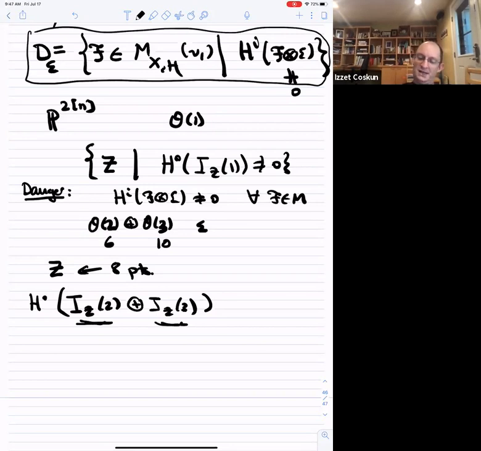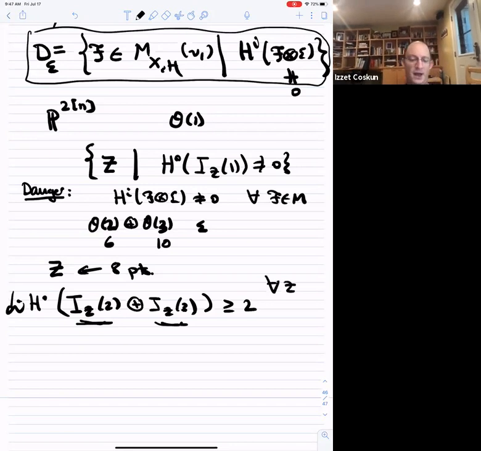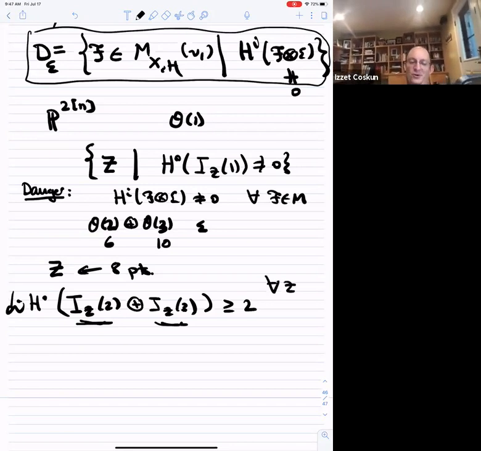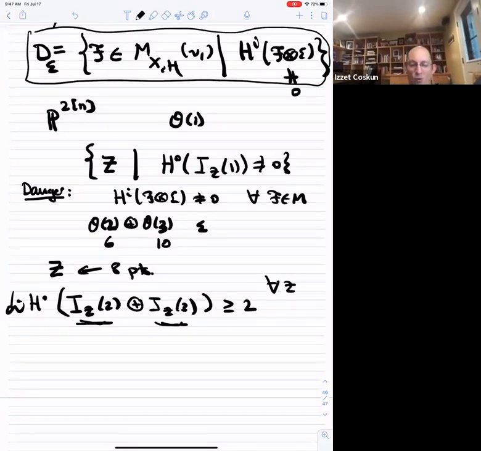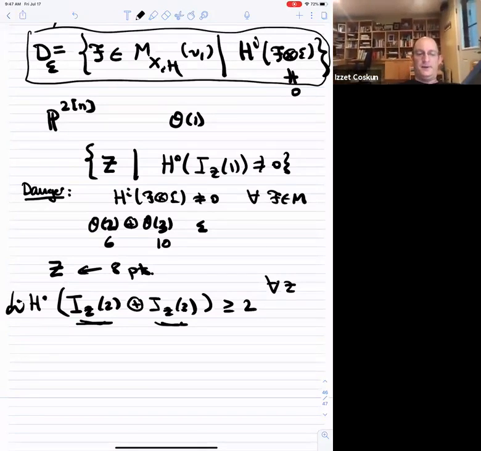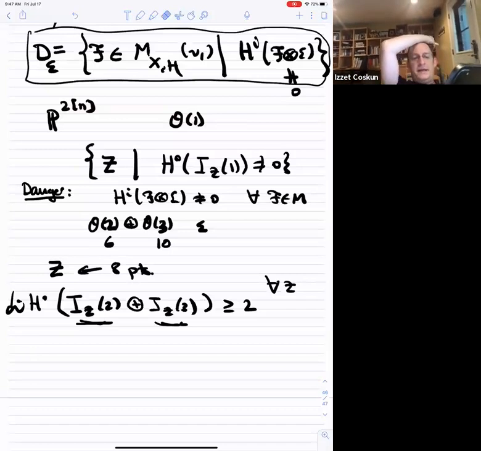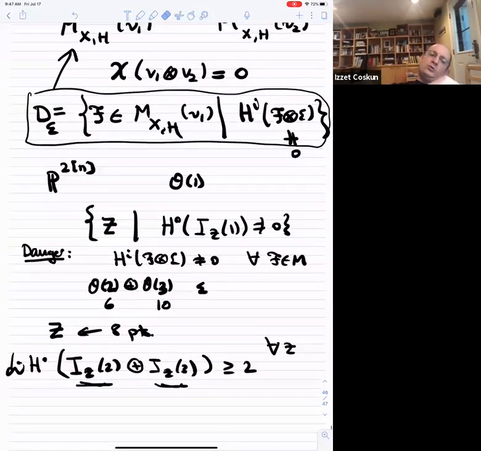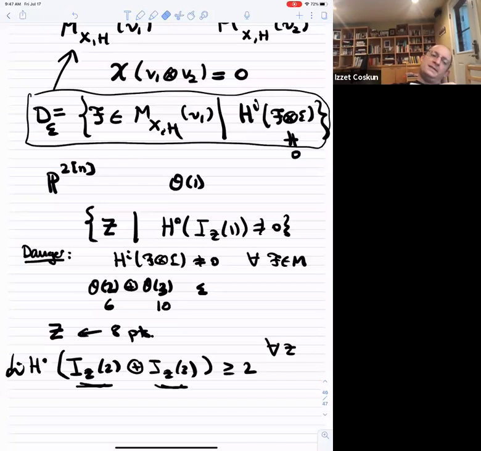So you see that the dimension of this thing is greater than or equal to 2 for all Z. And even though you expected it to be 0, the Euler characteristic was 0, you see that it's not a divisor, the whole space has this property. So the issue that comes up is that you need to know when this is a divisor.